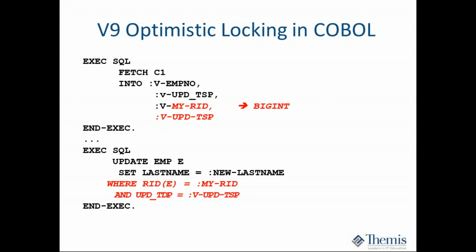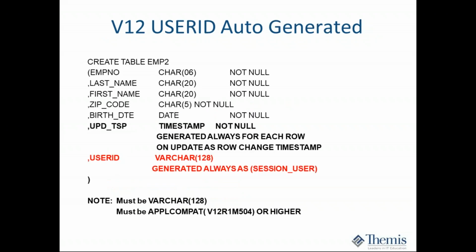Because if it's different, that means somebody somewhere updated that row and DB2 automatically updated that timestamp. So if they're out of sync, then I know somebody jumped in the middle and that row was moved. So I probably need to go back and refetch the row. Okay, so it's called optimistic locking. This is a good way to get around that particular problem.